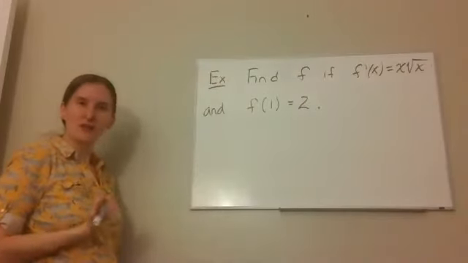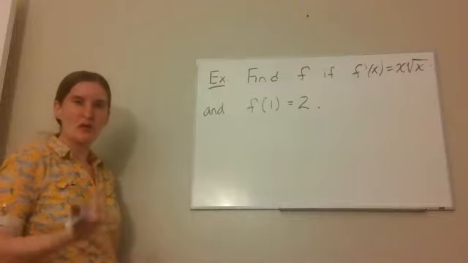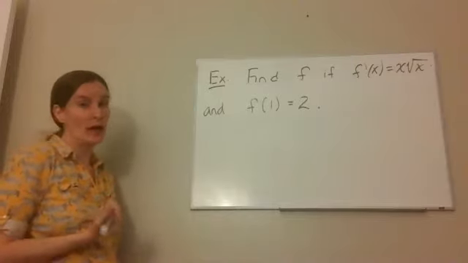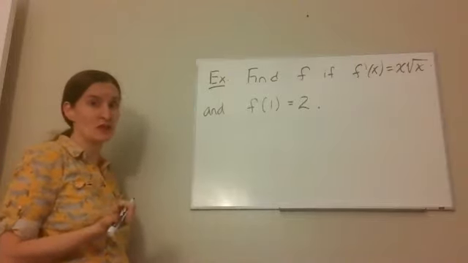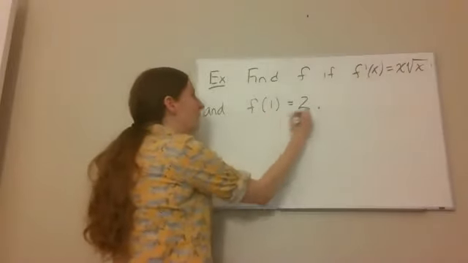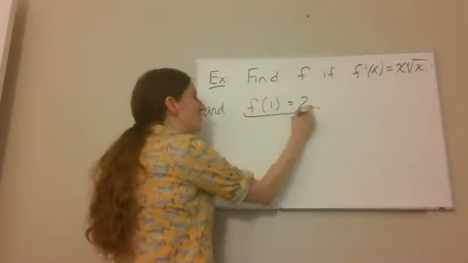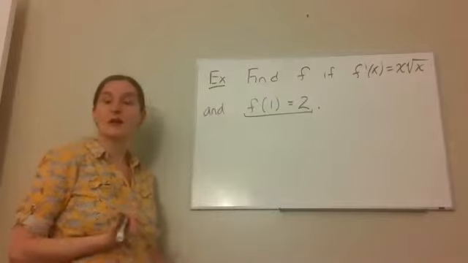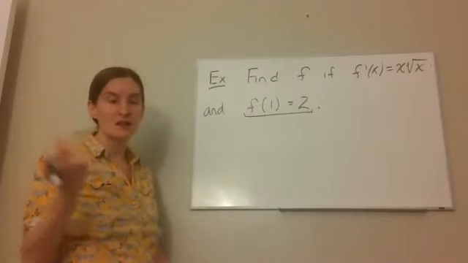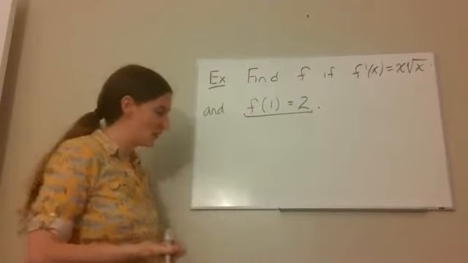So I'm given the derivative of the function, and I want the original function. So I'm going to have to find an antiderivative. This last little bit of info here, we get to use that info to find what our constant c is. But let's find the antiderivative first.